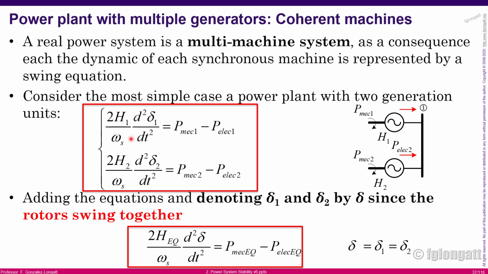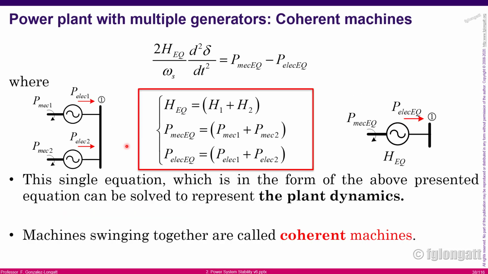However, when I am calculating this equivalent machine, because I am adding those equations, I must say that angle 1 and angle 2 are the same angle. What I'm saying is that the machines swing together, and if the machines swing together, I can get this equivalent angle over there, okay?